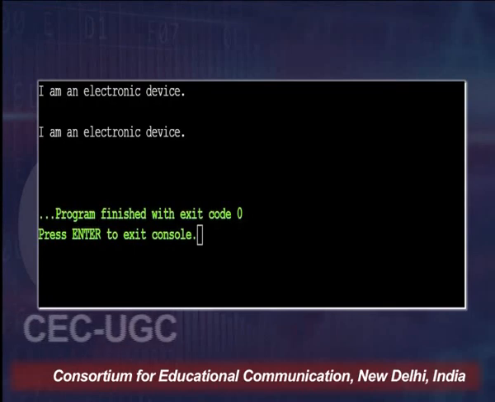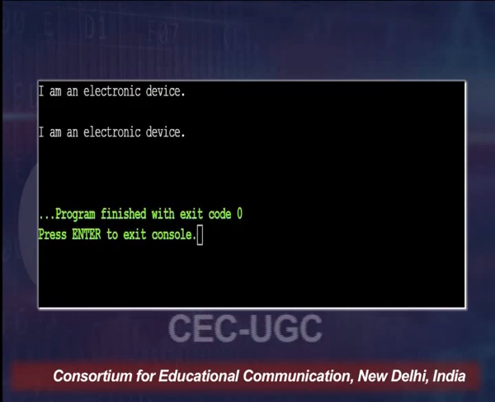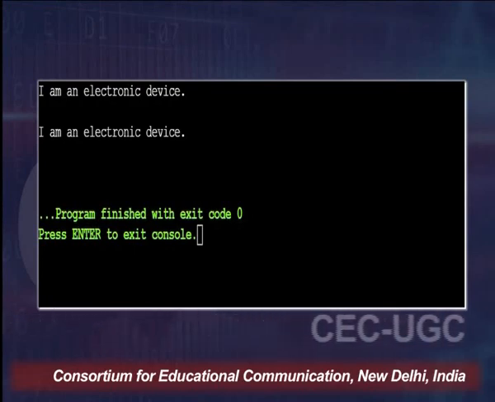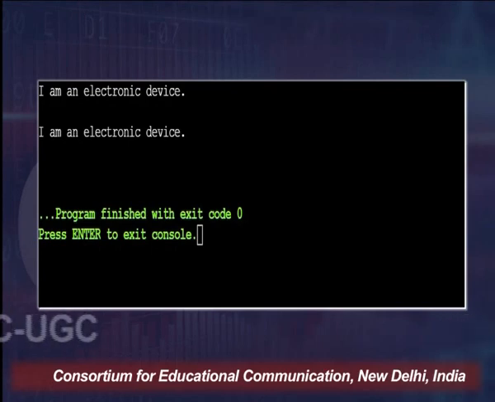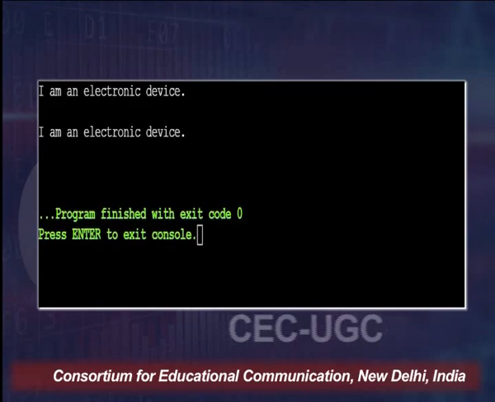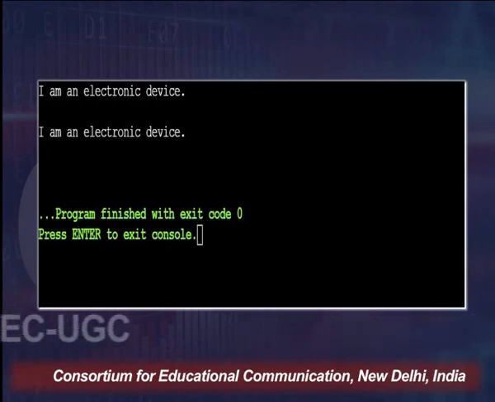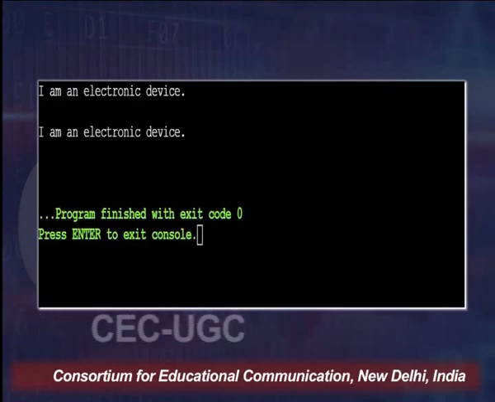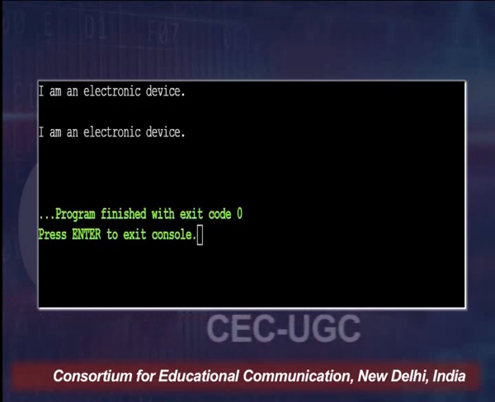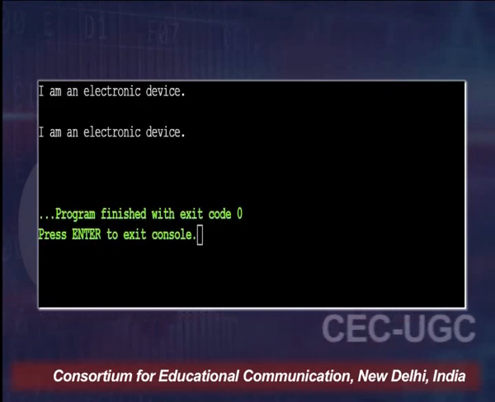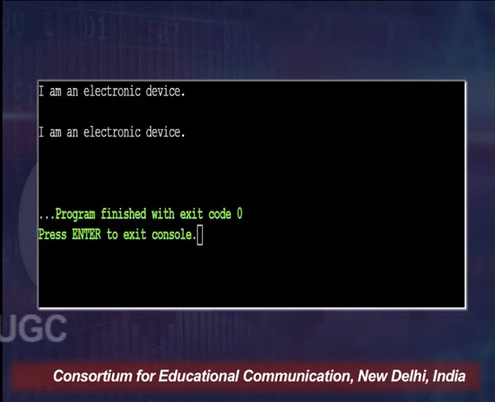Multi-level inheritance gives you different levels of inheritance: class A inherited by class B, and class B in turn inherited by class C. Apart from these two, we have already covered single inheritance and multiple inheritance, and the rest of the types of inheritance will definitely be covered in the upcoming lectures.